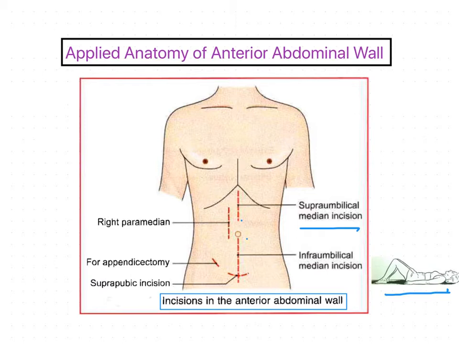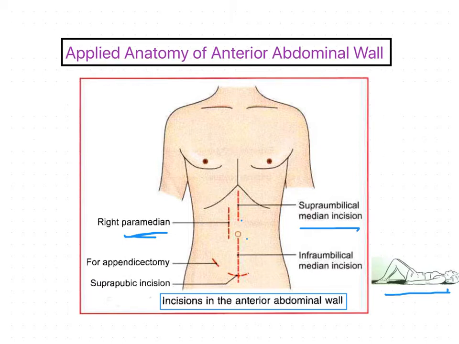This is one of the important uses of the paramedian incision. In this case also there is a risk of weakness, but incisional or ventral hernia is minimal with such an incision.